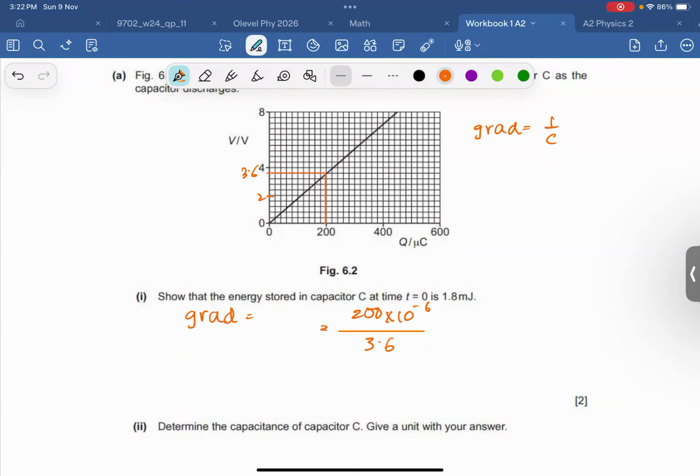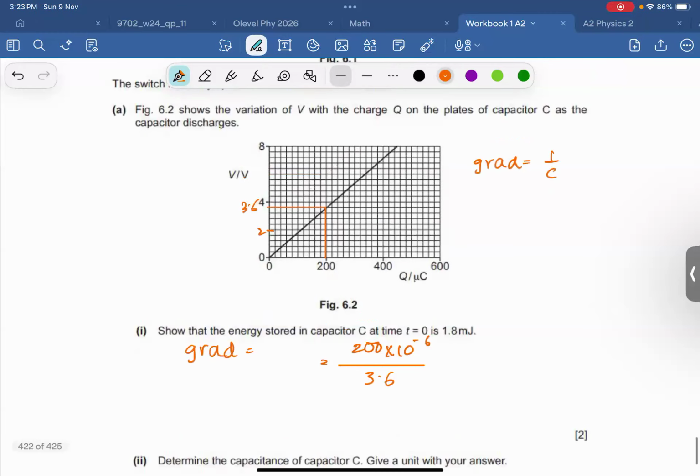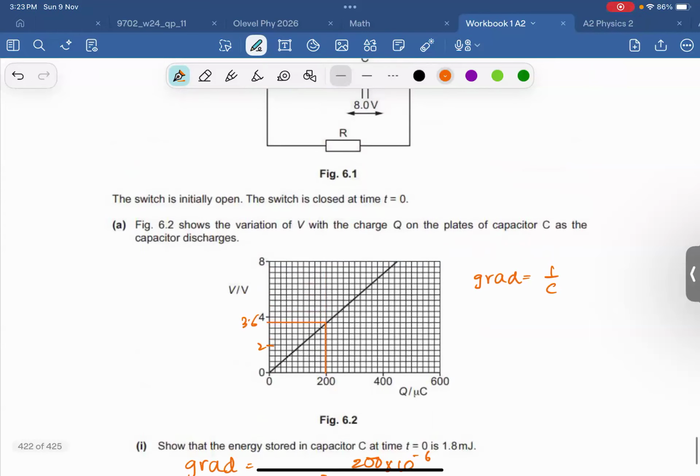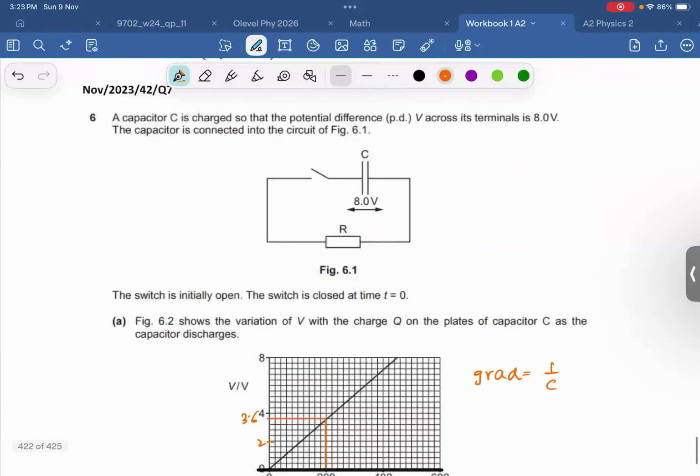I'm directly doing the reciprocal to get the capacitance. So 200 exponent negative 6 divided by 3.6. So I am getting 5.6 exponent negative 5. This is the capacitance, by the way.